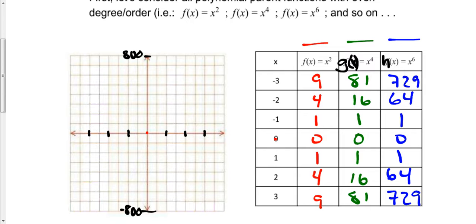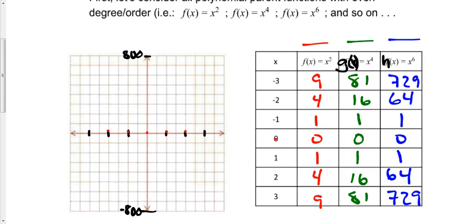When it's 1 and negative 1, I'm at 1, which is not much higher, right? Remember, that first square up is 100, so, wow. And then when it's 2, I'm at 4, which is not much higher than that.